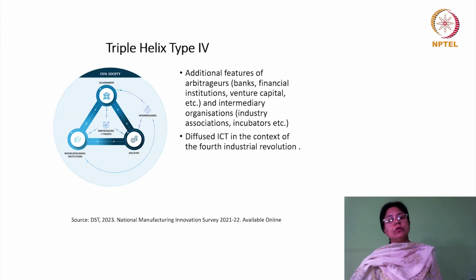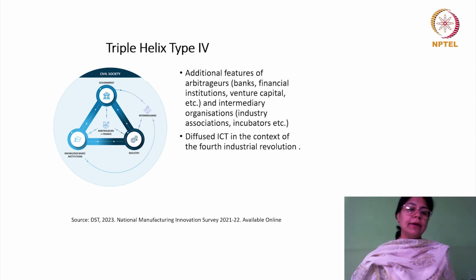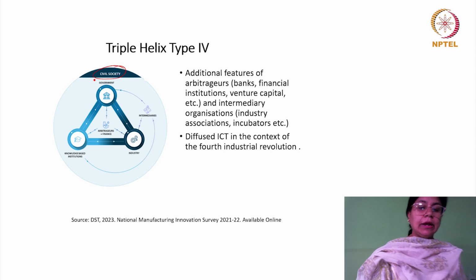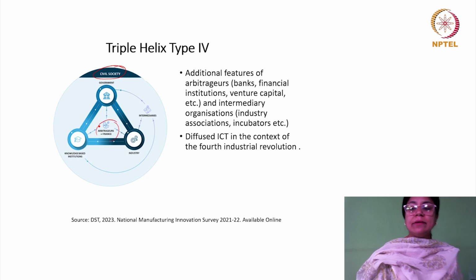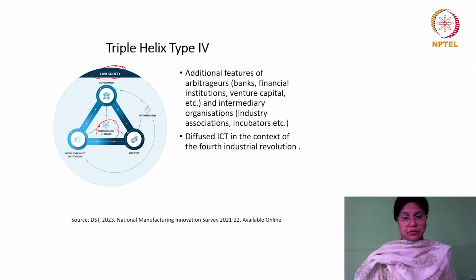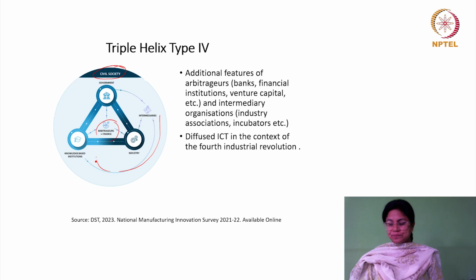Apart from that, there is also talk about a triple helix type 4. Here they have added civil society. Not only that, the arbitrators, which include the banks, venture capital, financial institutions, intermediary organizations.